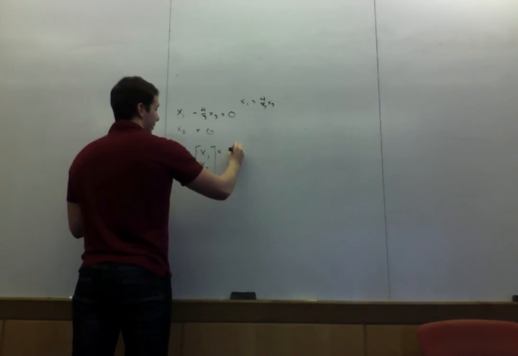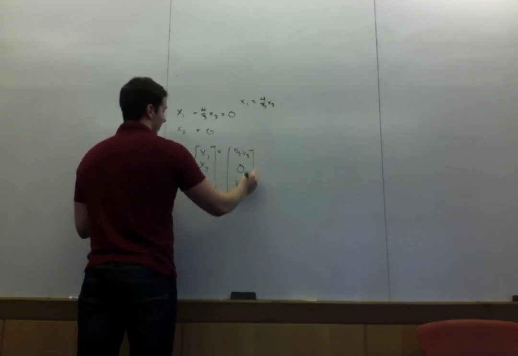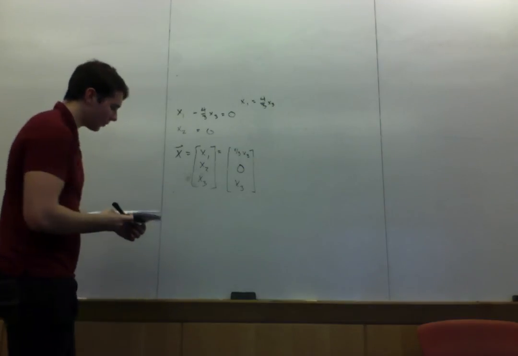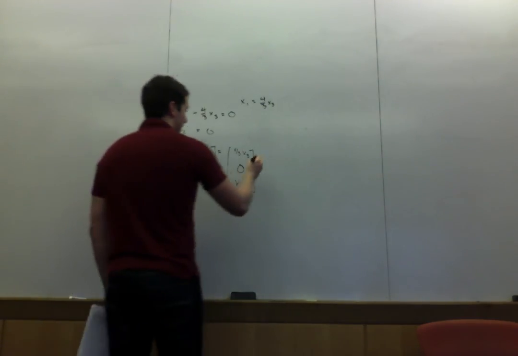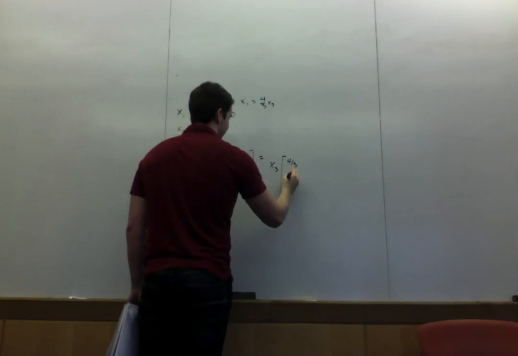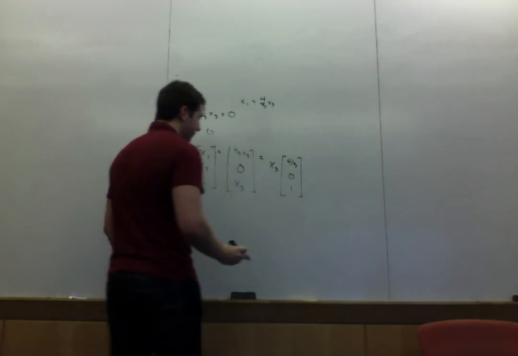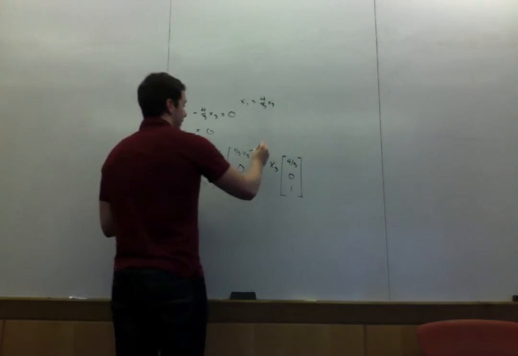So we have 4/3 x3, x2 is 0, x3 is a free variable, it's just x3. And then similarly to what we saw earlier, we can factor out an x3 here. And we have 4/3, 0, 1.